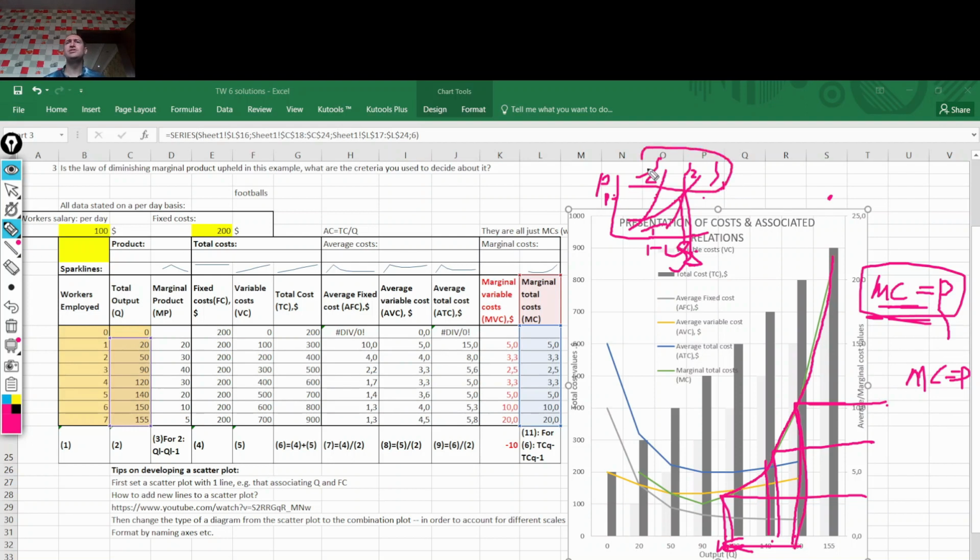Maybe it will be a good exercise for you that we will do later to develop a market level supply curve from the individual marginal cost curves of individual producers. Let's say we'll have three producers like in this case here. You will sum up in Excel, of course, not by hand, though you can also do it by hand, just summing up three numbers and depicting them on the PQ plane.